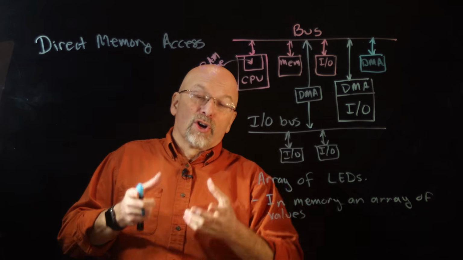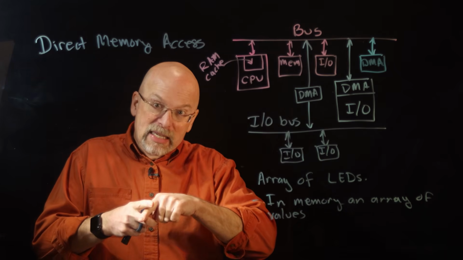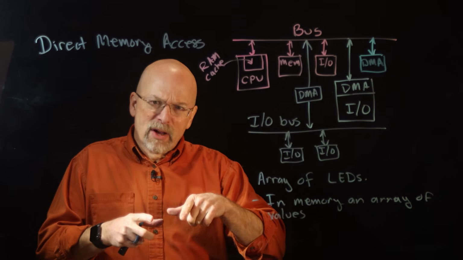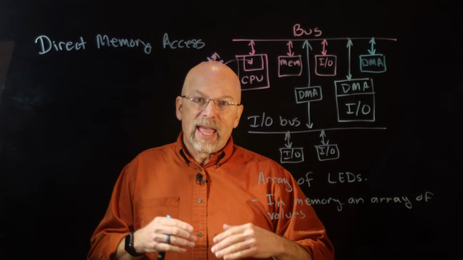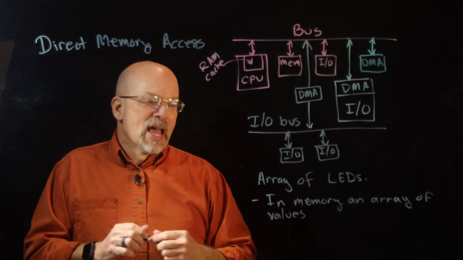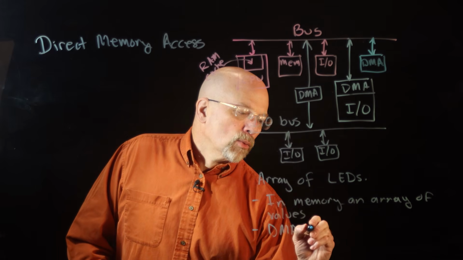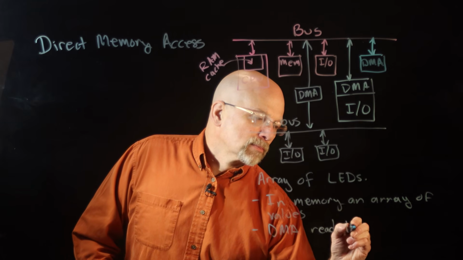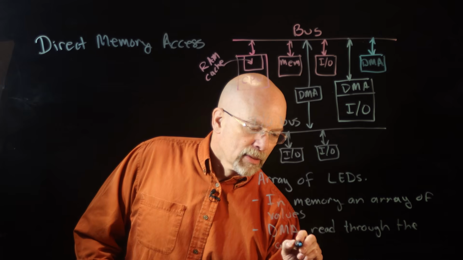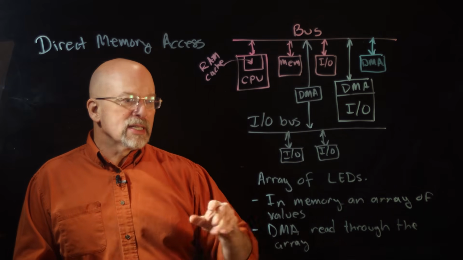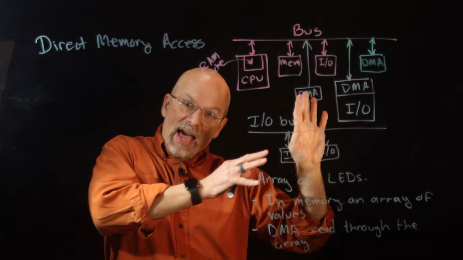And I'm going to turn those on in different patterns. Well, 3 bits for each of my 12 LEDs will give us 36 bits. And so I'll have an array of these 36-bit values. Then what I can do is have the DMA read through the array of each one of these different data elements that I'm sending to those LEDs in order to cause a pattern to go through.